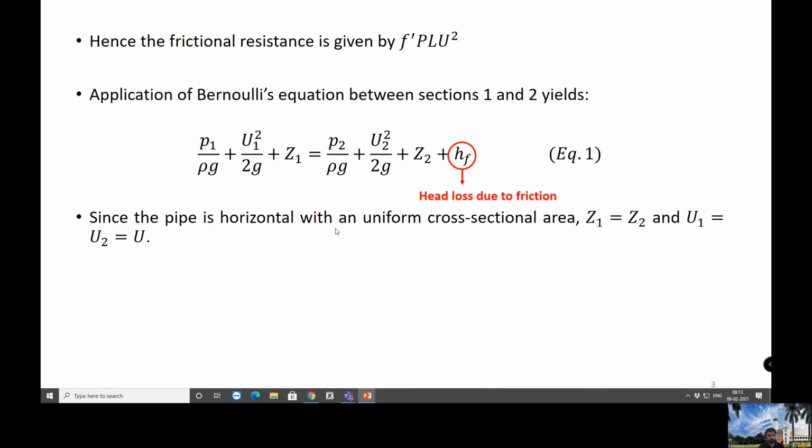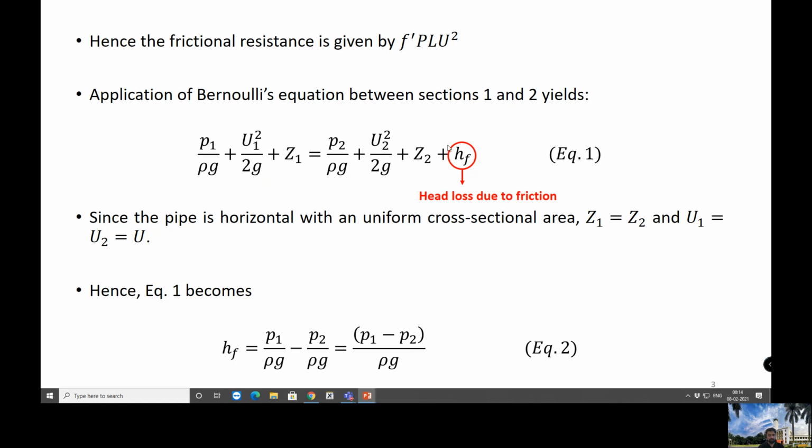We also know that the pipe is horizontal with uniform cross-sectional area, that is A1 is equal to A2, which means that since the pipe is horizontal, Z1 will be equal to Z2, and since A1 is equal to A2, U1 is equal to U2, which is equal to U. Therefore, this equation will turn out to be HF is equal to P1 by rho g minus P2 by rho g, or (P1 minus P2) by rho g. We call this equation number 2.